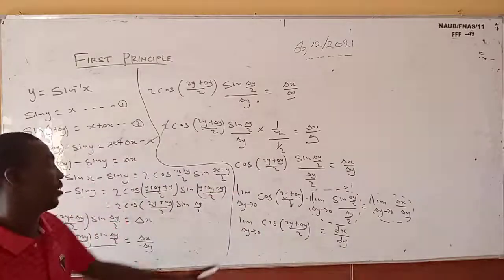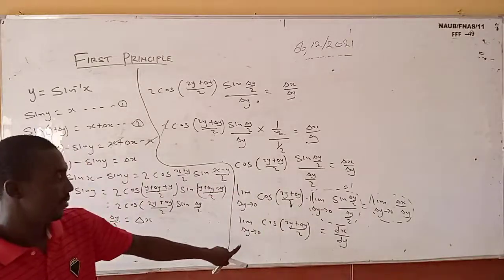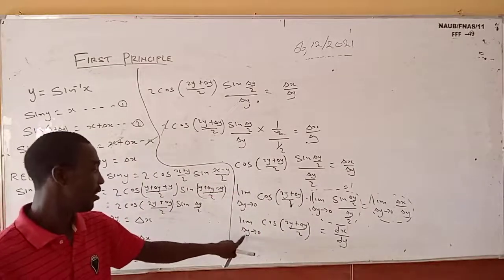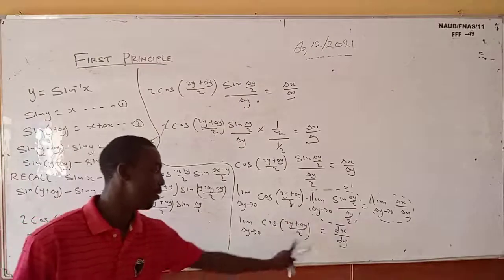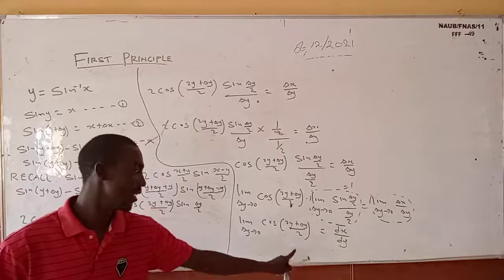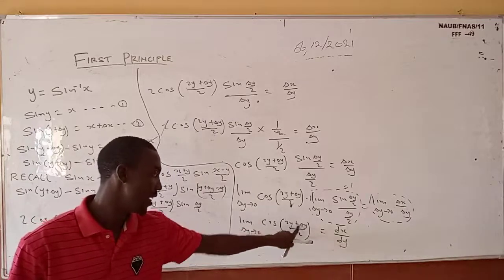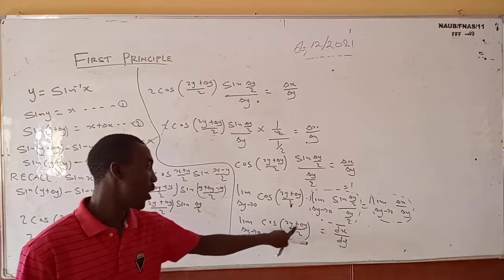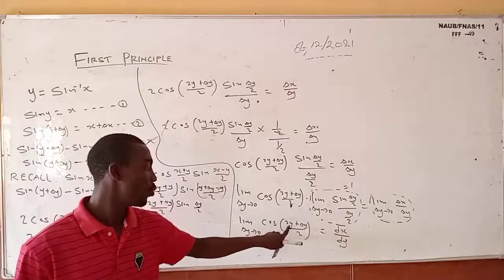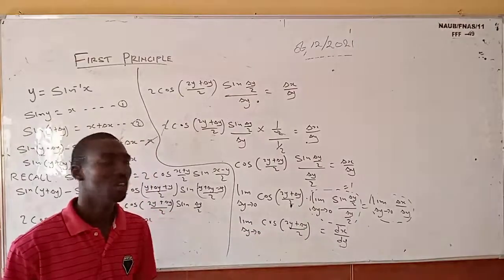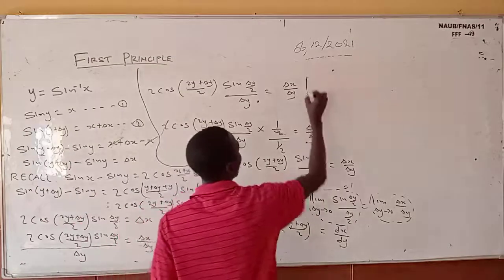So now the next thing is, anywhere I see change in y, I'll replace it with 0, for this part only. Do you get that? So now this is my change in y here, right? So it means 2y plus 0, which is 2y. 2y over 2 is what? Let me write it out.